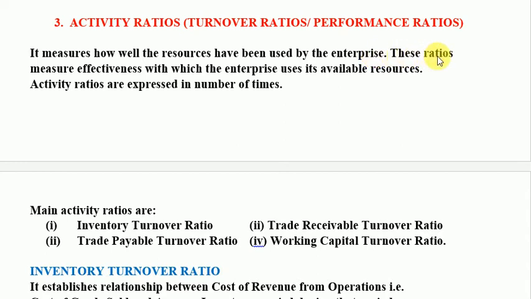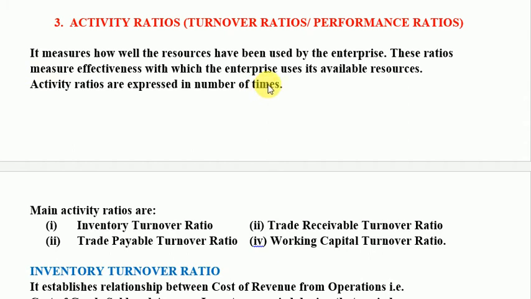These ratios measure the effectiveness with which the enterprise uses its available resources, and these activity ratios are expressed in number of times, unlike solvency ratios and liquidity ratios, which are expressed in pure form.